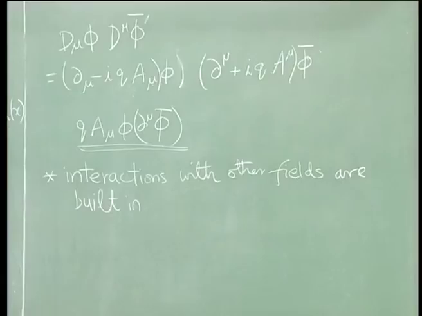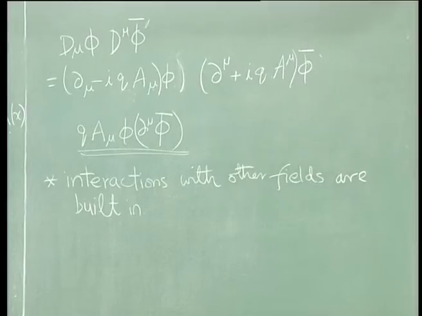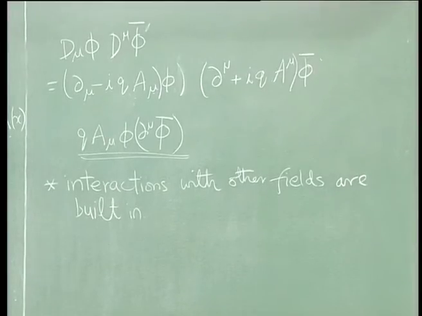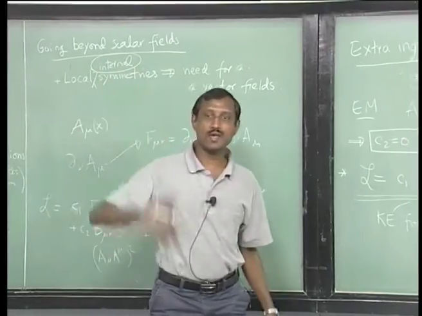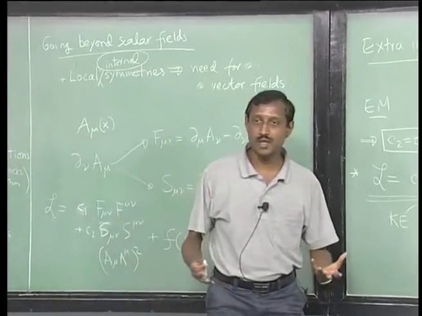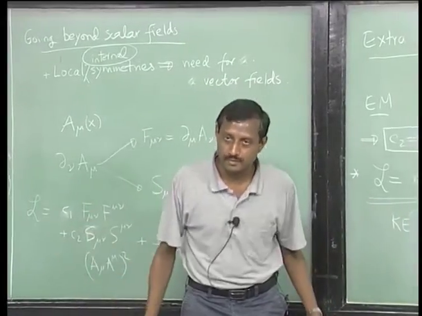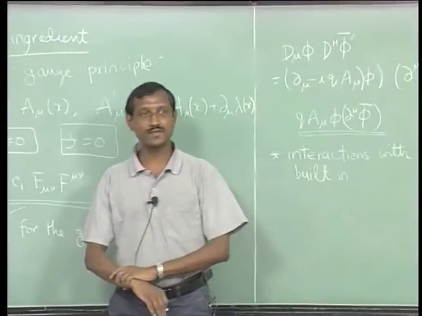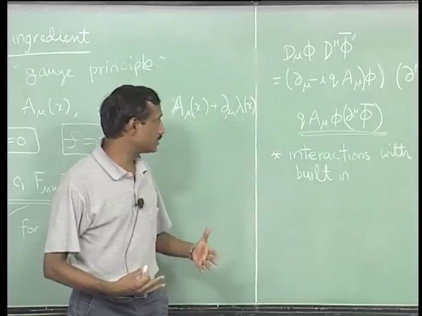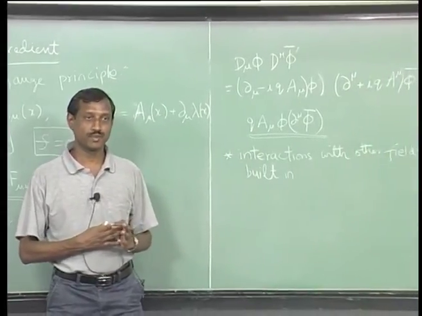In some sense, if you are a minimalist, in the sense that you do not want to go beyond this, this is where you take this kind of approach very seriously, unless you have some other way of constructing situations where you get some other interactions which are gauge invariant, but they are much more complicated. There are situations where this happens, but this straight ahead approach actually works well.